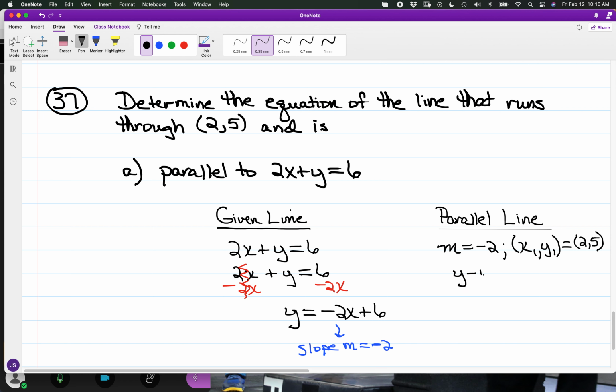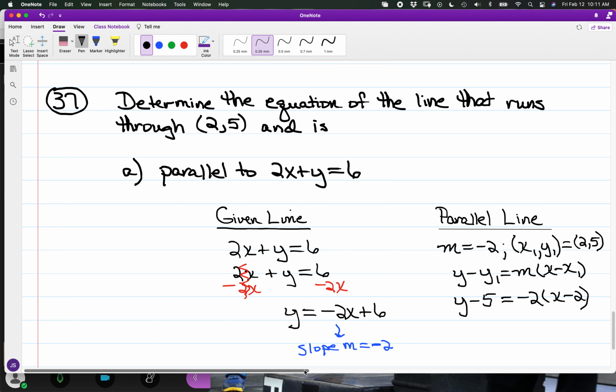Again, so we have y minus y1 is equal to the slope m times the quantity of x minus x1. Okay, so we have y minus 5 is equal to, and for m, okay, we have -2. And we have times the quantity of x minus 2.